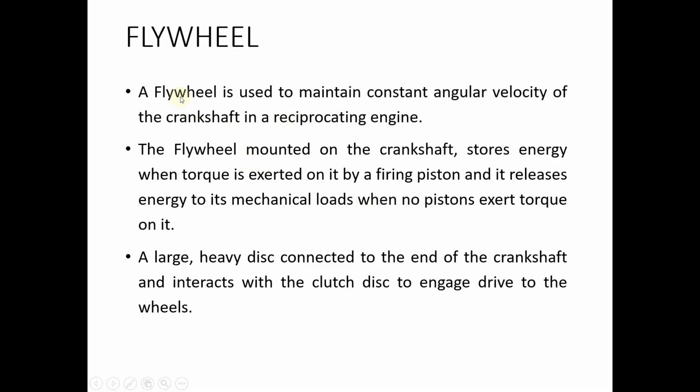But since a flywheel is attached, the flywheel has a mass, so it stores energy, and due to inertia, as we mentioned earlier, it will continue to rotate, and thereby it rotates the crankshaft. So the angular velocity produced during the power stroke will continue through the other three idle strokes. So we can see that a constant angular velocity is being maintained.